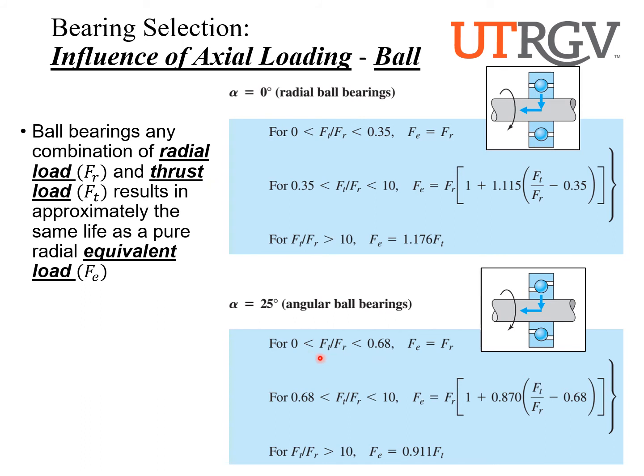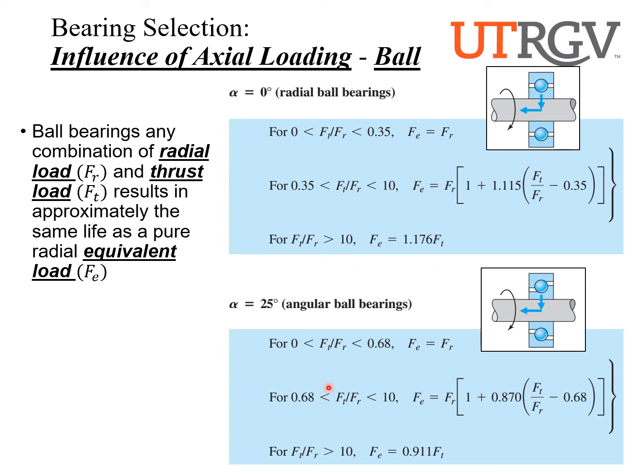Now notice the limits are going to change. When we look at the limits for the thrust divided by the radial, that ratio, a radial bearing is only good up to 0.35. For an angular bearing, that ratio can be all the way to 0.68, and still we would only consider the radial load.